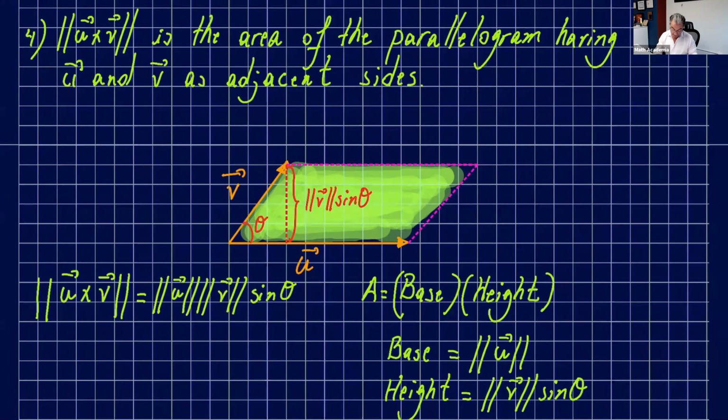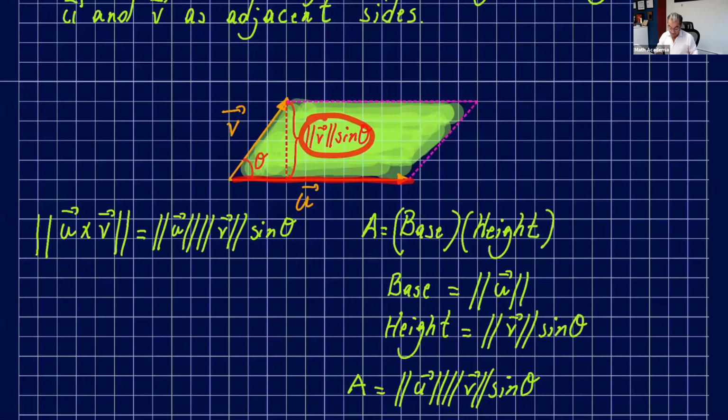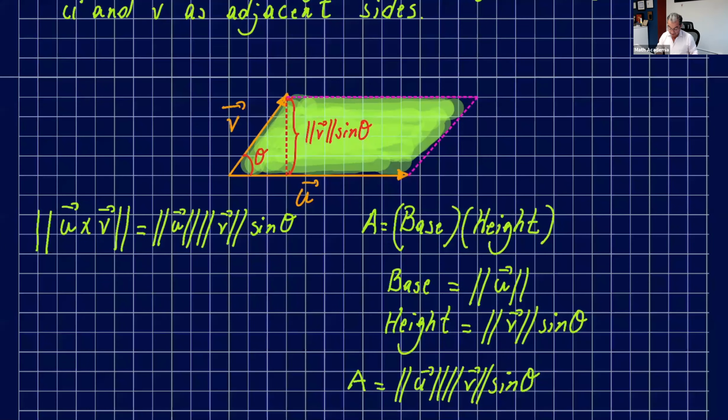So the area is just the norm of u times that. I wrote that here: area is base times height. The base is the norm of u, and the height is the norm of v times sine theta. So that's the area, and we learned that the magnitude of u cross v has the same formula.